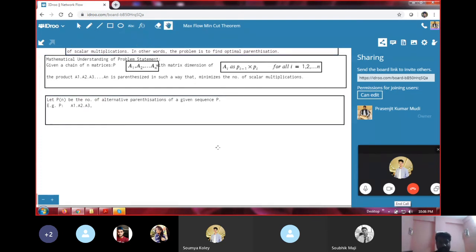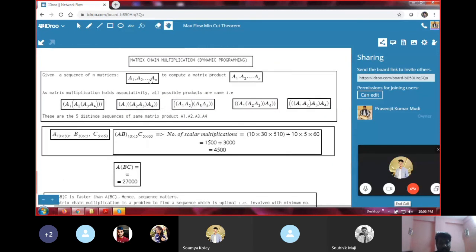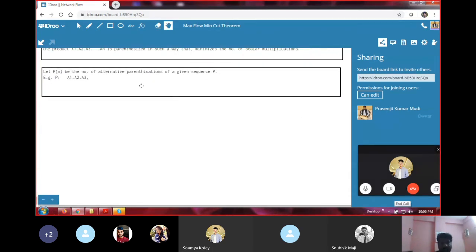We have already found that for 4 matrices, that is 5. So for a sequence of 4 matrices, we have 5 distinct parenthesizations. Now talking about parenthesizations, let's see. I use this parenthesis A1, then A2 A3.